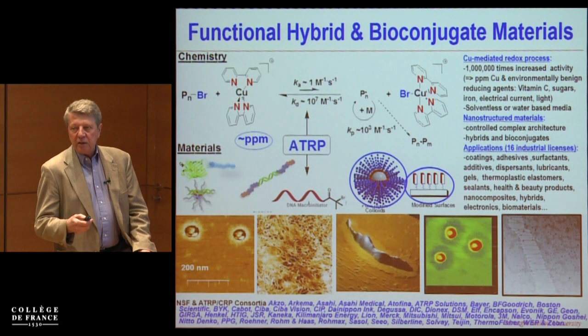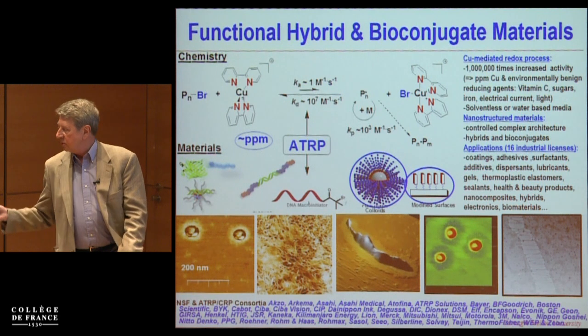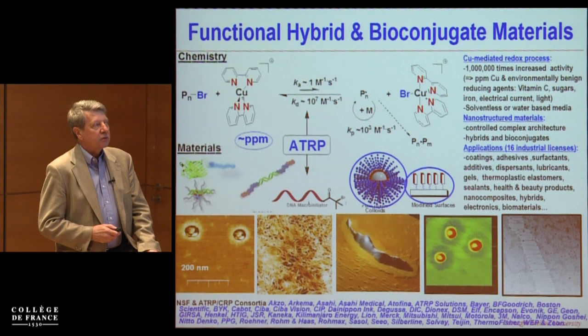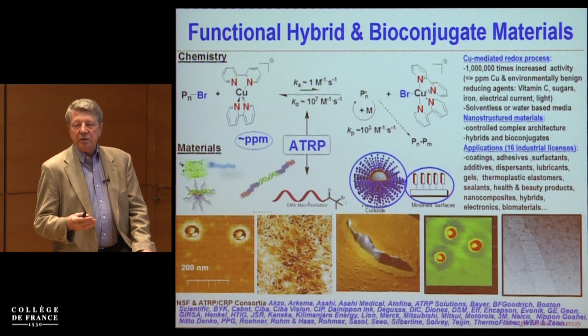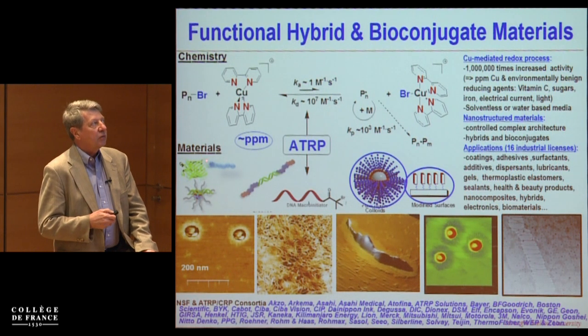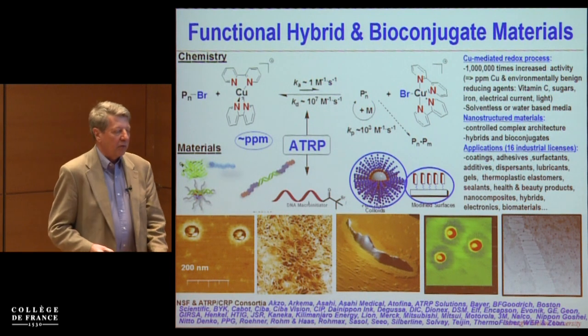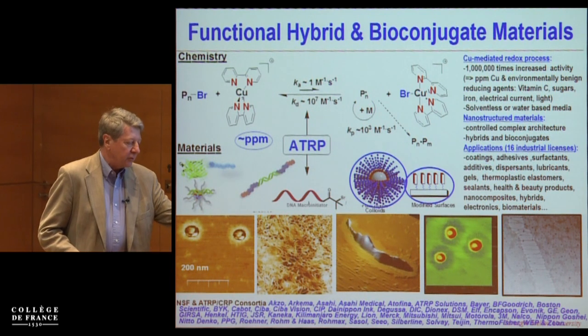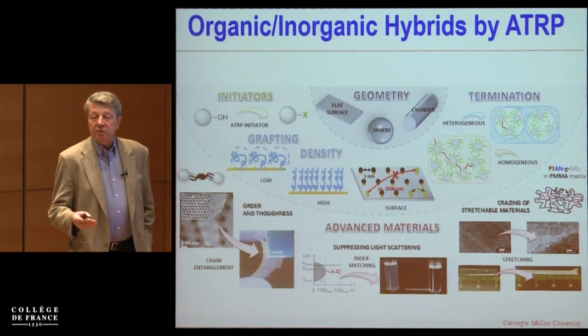And today I will finish by giving you some examples about the organic-inorganic hybrid materials, something which is of really big interest to the group of Professor Sanchez, but also a little bit about the bioconjugates, about complexes with nucleic acids, about also proteins, how one can make them efficiently, and sometimes what kind of uses they may find.